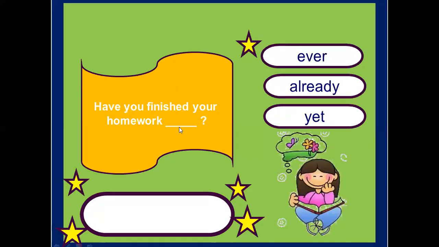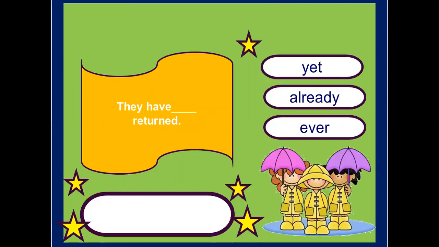Let's see. Have you finished your homework yet? Here in a question we use yet. So it's clear now. In question and in negative, we use yet. They have already returned.